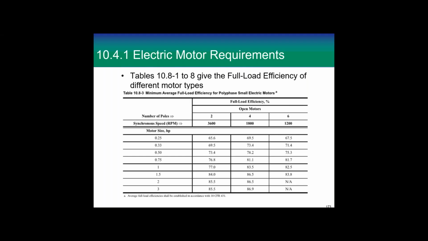But we gave you the requirements again, more for the electrical people, or if you're looking at the motor, you can figure out what the full load efficiency is. But again, also the heat loads from these motors would help you to know how much is rejected by heat. So we try to give you all this information, so you can use it to meet two different needs you might have.